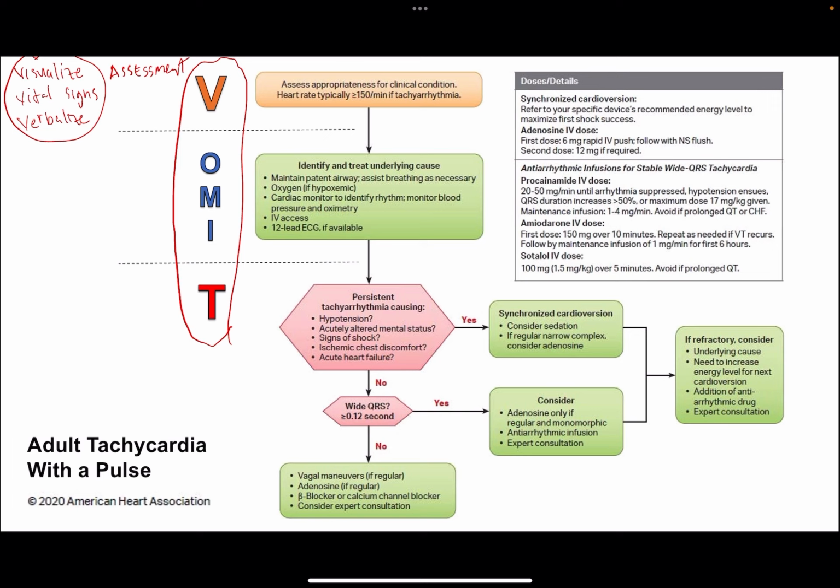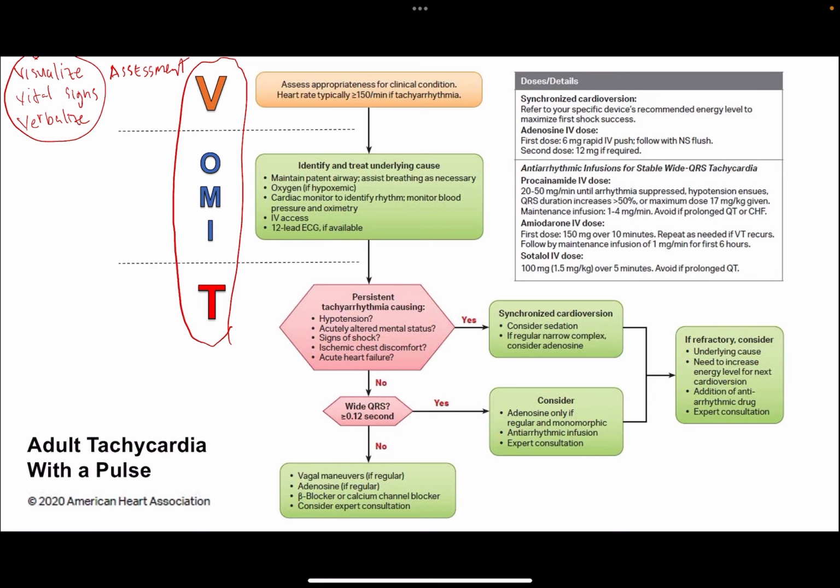So you visualize: you go and have a look at the patient. Does the patient look weak? Is the patient diaphoretic, or unconscious? Those things. Then vital signs: you check the A, B, C, D, and E. And then if time permits, you can ask more questions using your SAMPLE history taking: signs and symptoms, allergies, medications, past medical history, last meal intake, and events leading to this case.